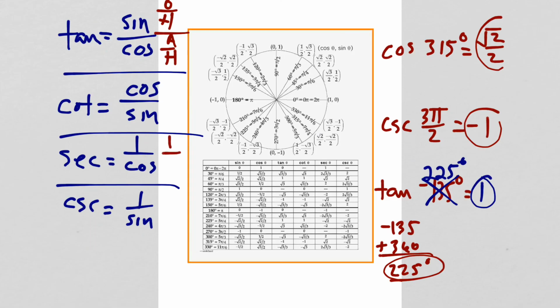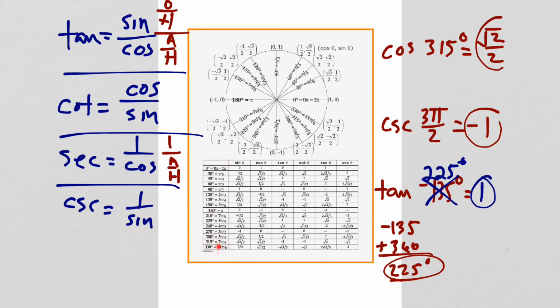So by using this chart, we're creating some shortcuts. So that's what we're looking at now: can we identify what these angles are, what their values are, and then use this chart to find that exact value.